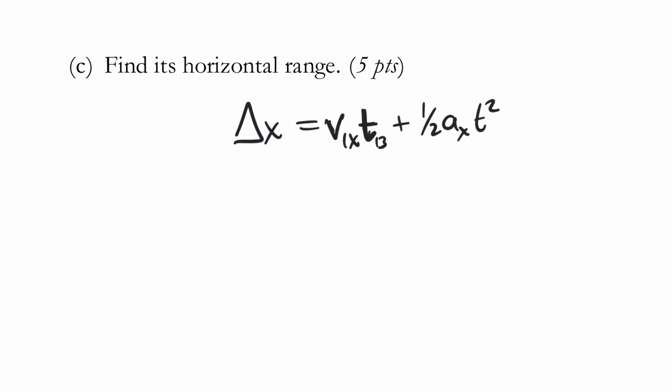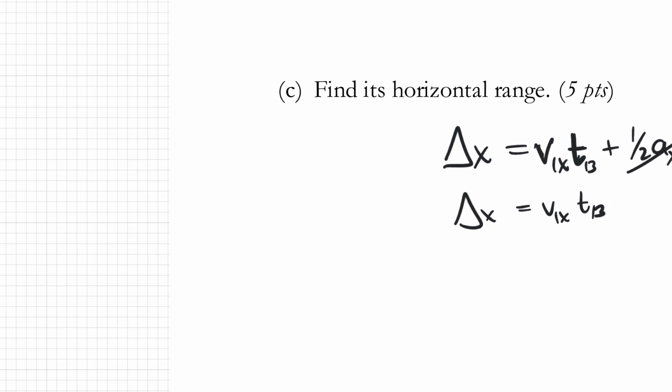So that'd be t 1,3. We're not worried about the initial 3 seconds, right? So this goes away, 0. So I could write this as delta x equals v1x t 1,3, which I think is probably the way most of you would do it. The other way you could do it, and it's the same, of course, is x3 minus x1, if we follow your equation sheet.